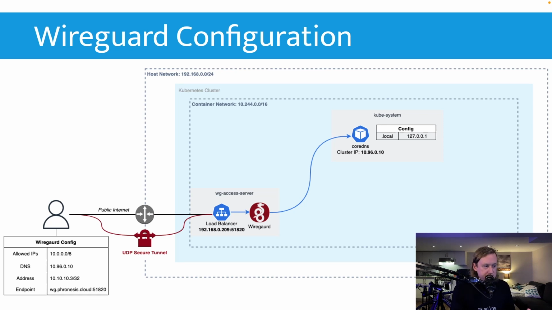And then DNS resolution is actually achieved through setting the DNS to the IP address of my CoreDNS endpoint, that is. And this would allow me to resolve everything .local.